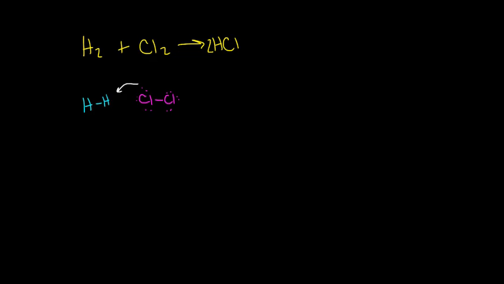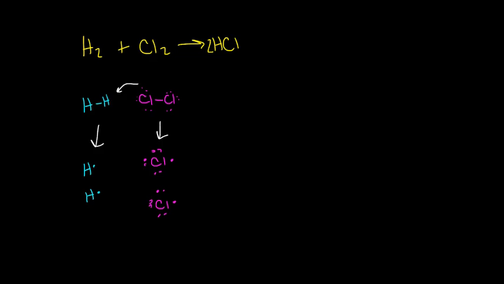And that assumption is that for this chemical reaction to happen, we first need this hydrogen to split apart into individual hydrogen atoms. We need this chlorine molecule to split apart into individual chlorine atoms. So we need to break the covalent bond that's holding these molecules together.